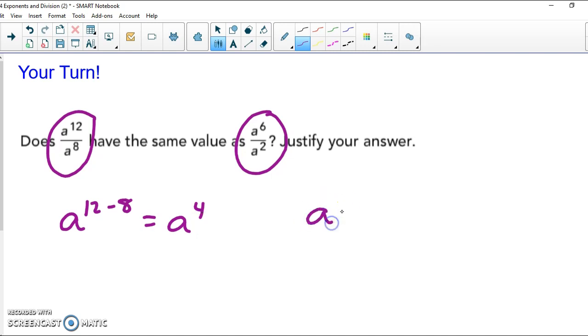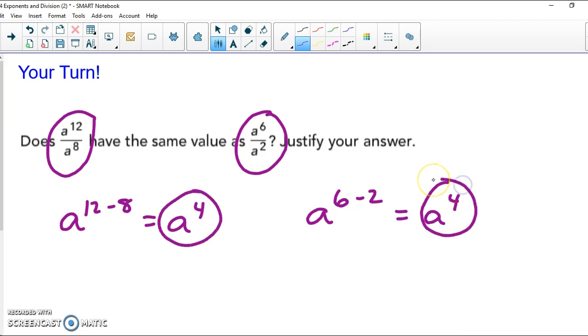And over on the right-hand side, I have a to the 6th divided by a squared. So I will subtract those powers. And I also get a to the 4th. So these would have the same value because they both simplify to a to the 4th power.